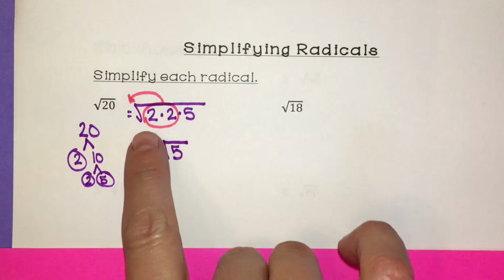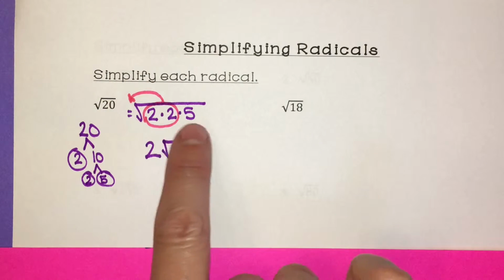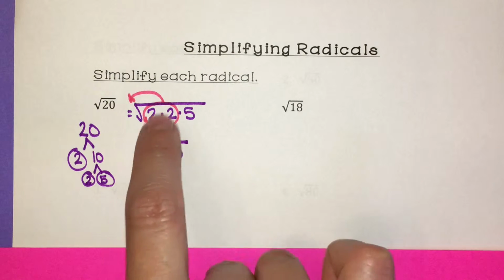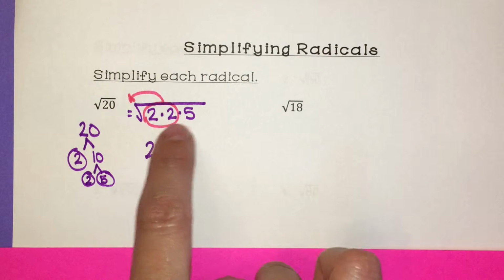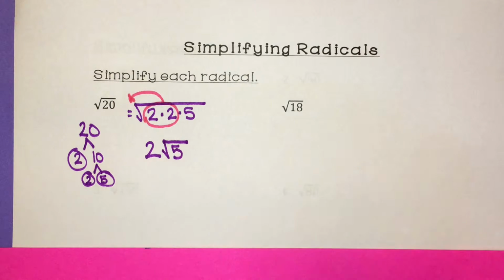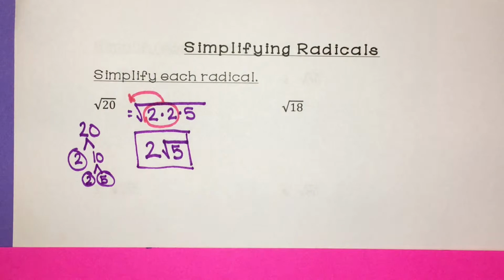So basically you're looking for pairs underneath the square root sign, and that means it can come out. You don't bring out both of the 2's, you just bring out one 2, because you have 2 multiplied by itself, meaning 2 can come out. So my answer is 2 square roots of 5, or 2 times the square root of 5.